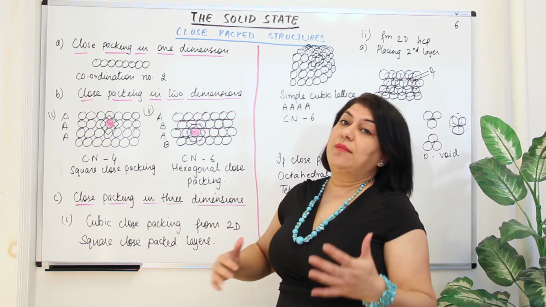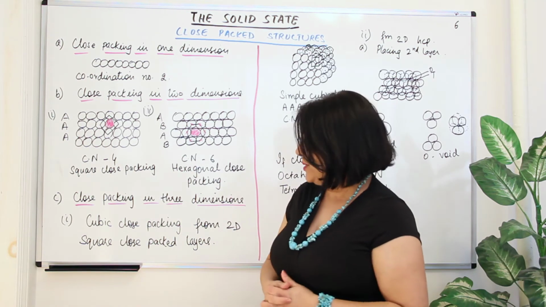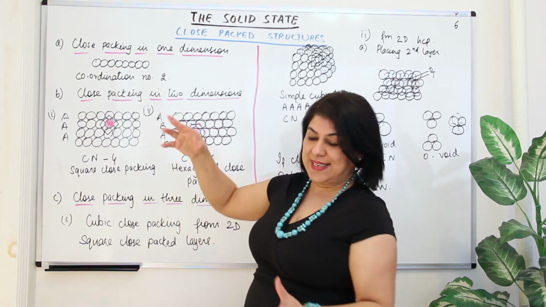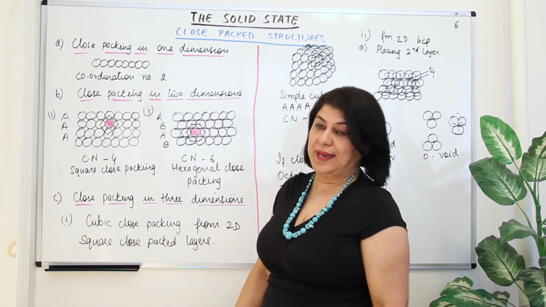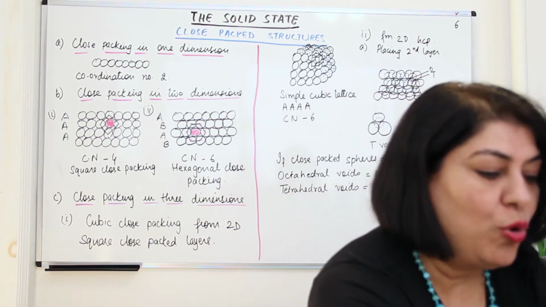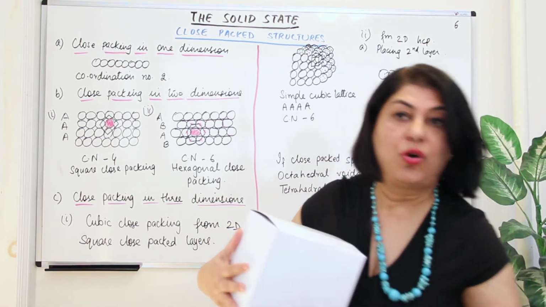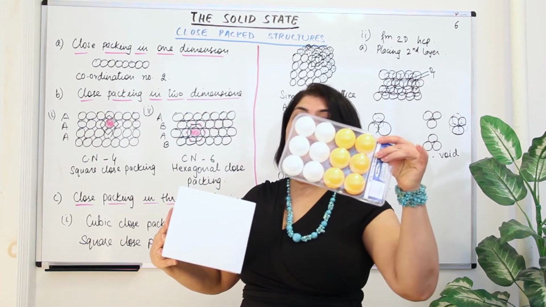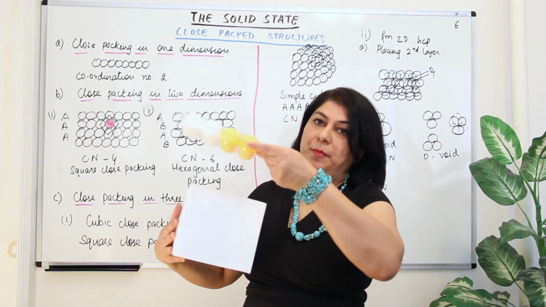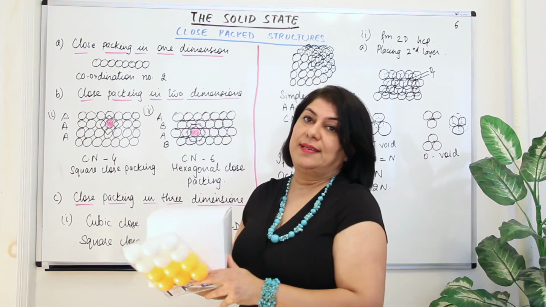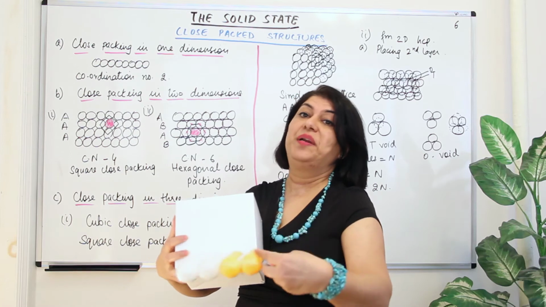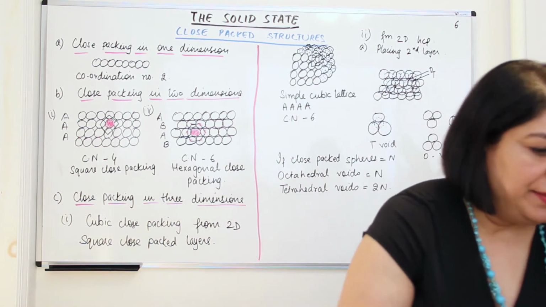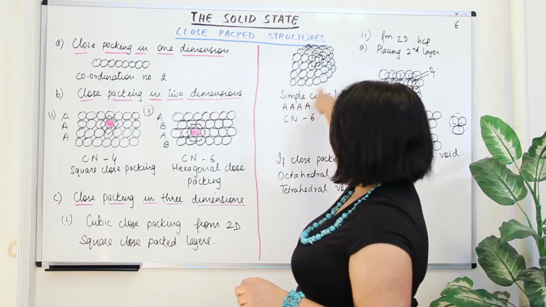So let us now come to close packing in 3 dimensions. If you had the cubic close packed, that is square close packing, and it is extended, you will get cubic close packing. As I explained to you, if I put all these boxes of balls into this box, stacked one over the other in the same sequence, in the same pattern, I will get a cube, and that is cubic close packing in 3 dimensions, which I showed you already.